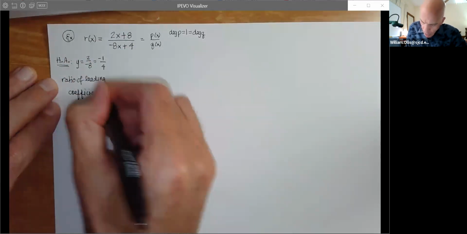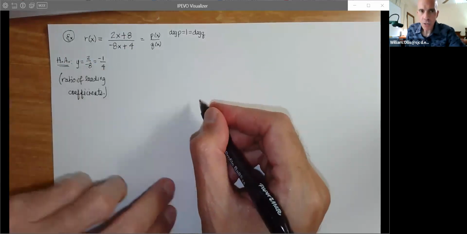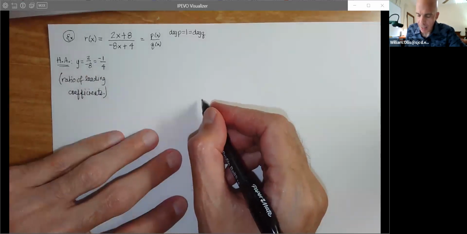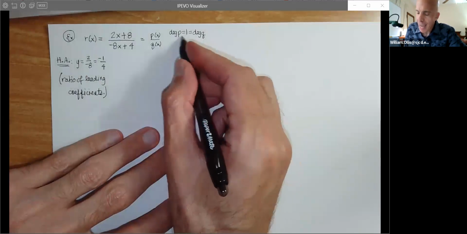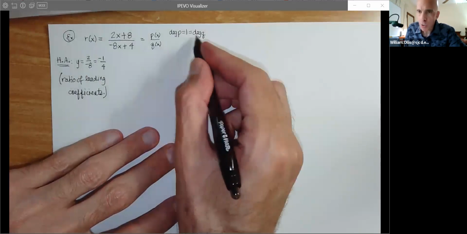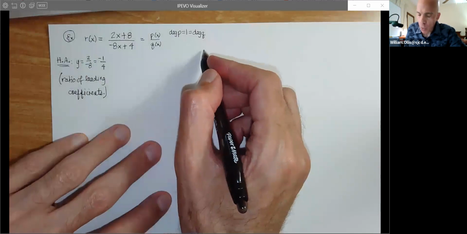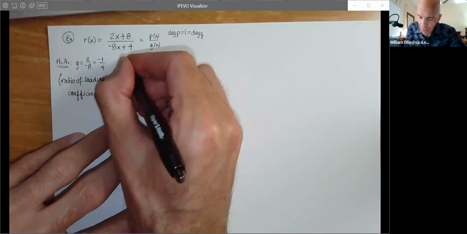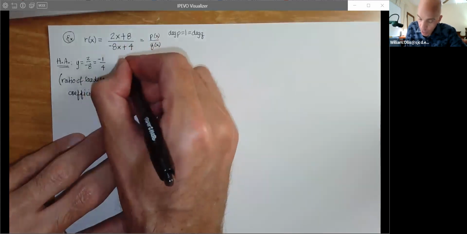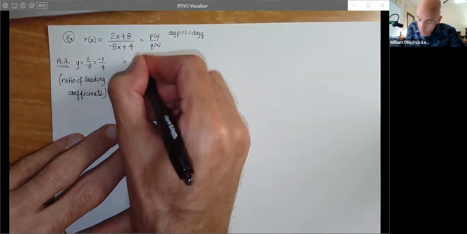So the beauty of calculating the horizontal or slant is that it's kind of tailor-made to our rules list, which says, how do degrees of P and Q relate? So before we do any more with this, let's just go ahead and factor things. We've got the horizontal asymptote. Let's just factor the 2 upstairs.